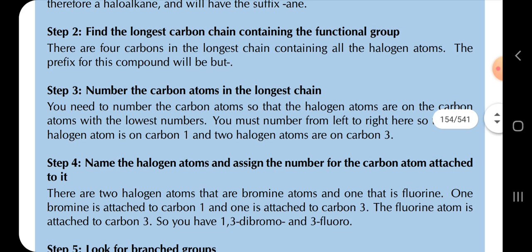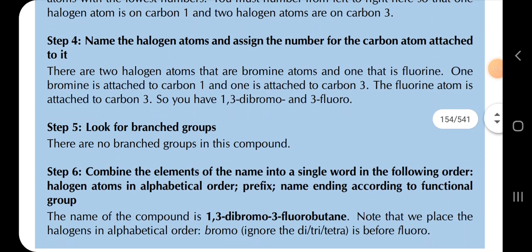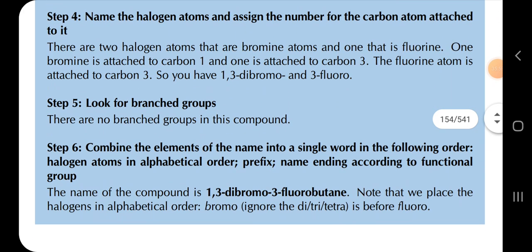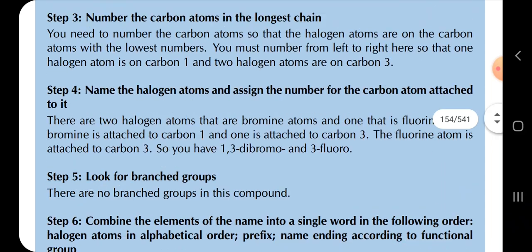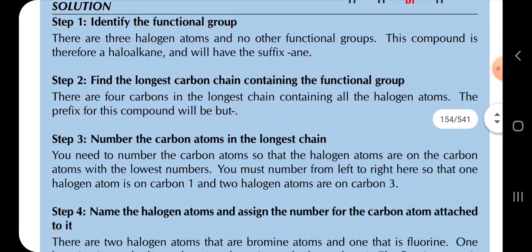And that's how you name this. So the 1,3 is for the functional groups. They're on branch 1 and branch 3.